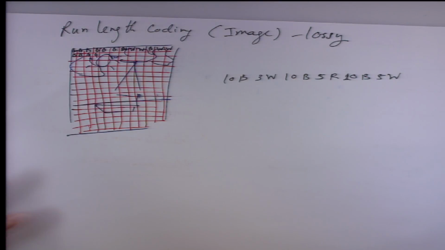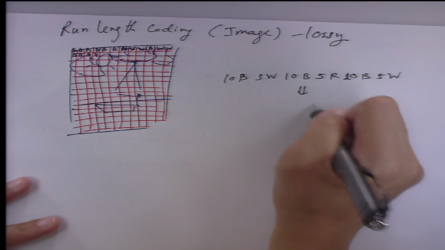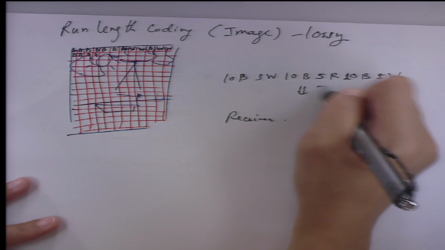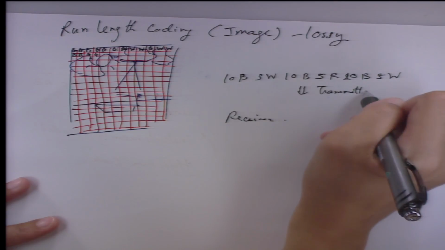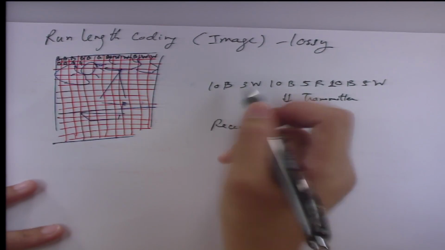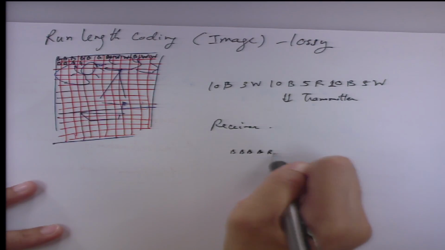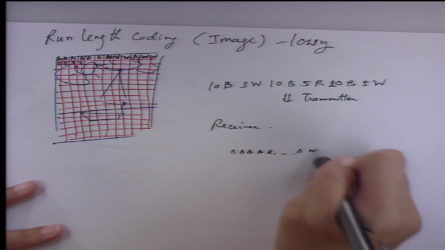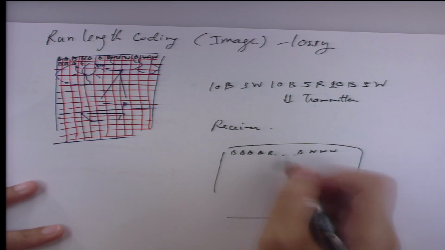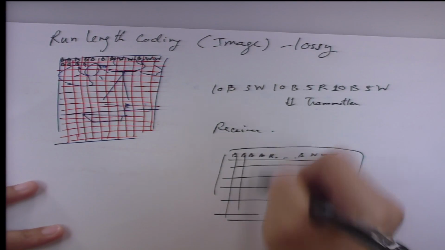So when the transmitter sends this to the receiver, the receiver looks at it: 10 blue, then 3 white, and it puts in the colors like this, and then reconstructs the picture pixel by pixel.